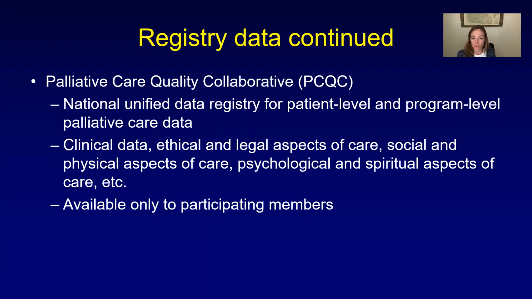And it's available to participating members. So it looks like if your institution is a member, you can apply to have access to, I'm not sure if it's the raw level data, but certainly aggregate level data and reporting. This seems like a great resource that I think is still developing. If you're interested in this, certainly reach out to the PCRC and we can connect you with relevant people who are knowledgeable about these data. Next slide.